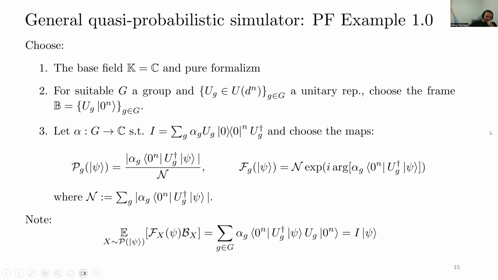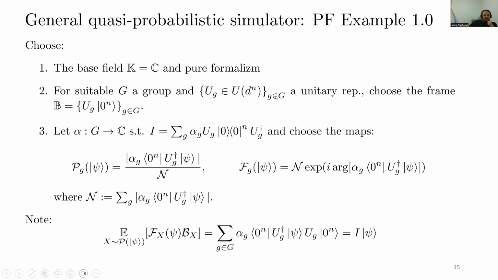Okay, so I want to talk about some examples now. My first example is not really an example, it's almost a formula for generating examples. So let me go through this. This is for the pure state formalism. We choose our base field to be C, and for a suitable group, we set these U_G to be a unitary representation of the group.